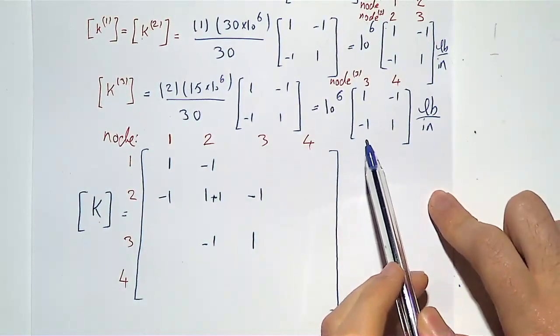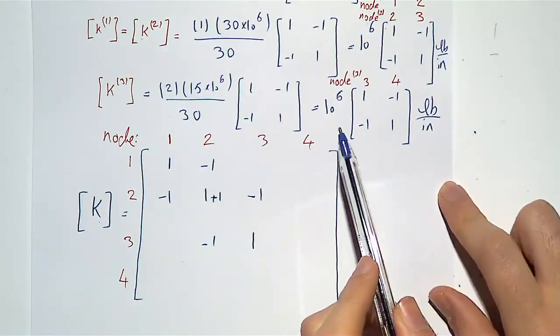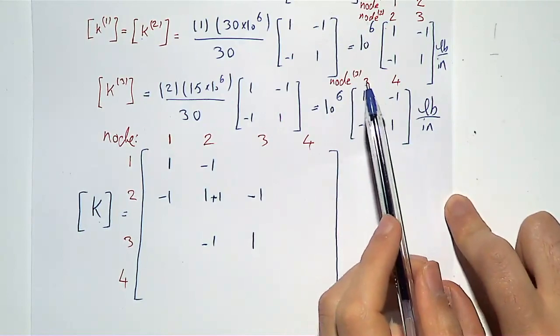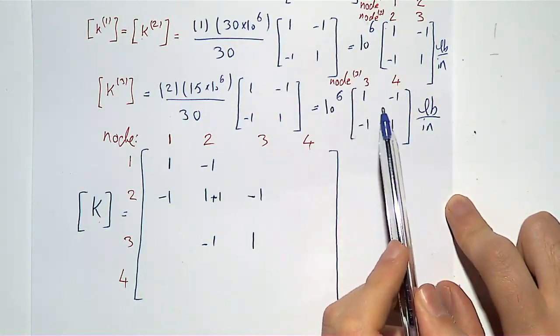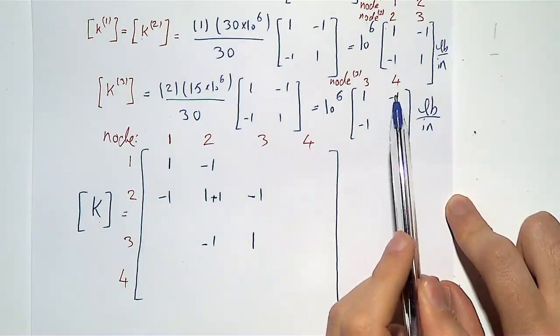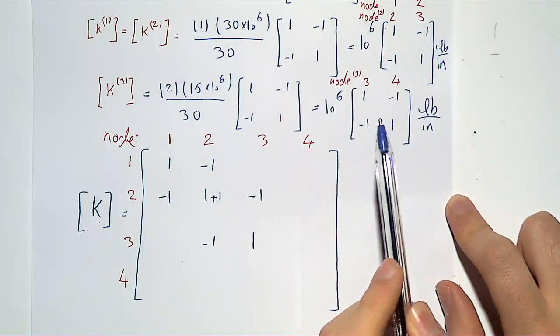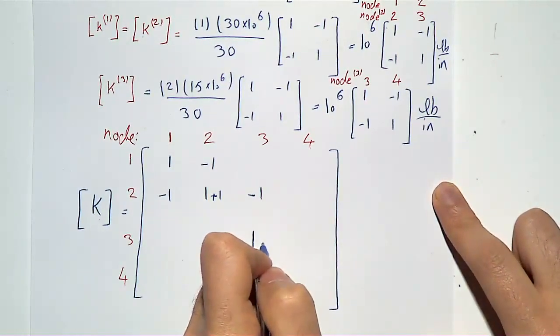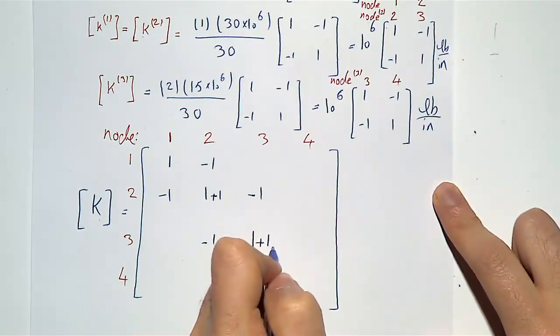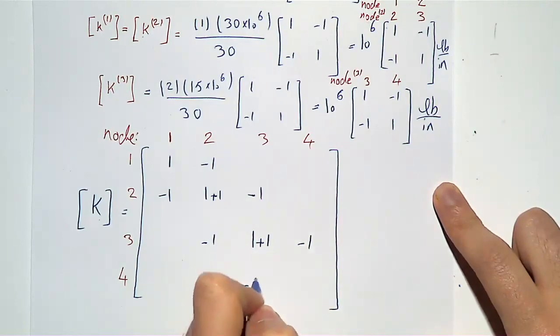And the last element K matrix is for node number 3 and 4. In other words, this is K33, this is K34, and this is K43 and K44. So +1, -1, -1, 1.